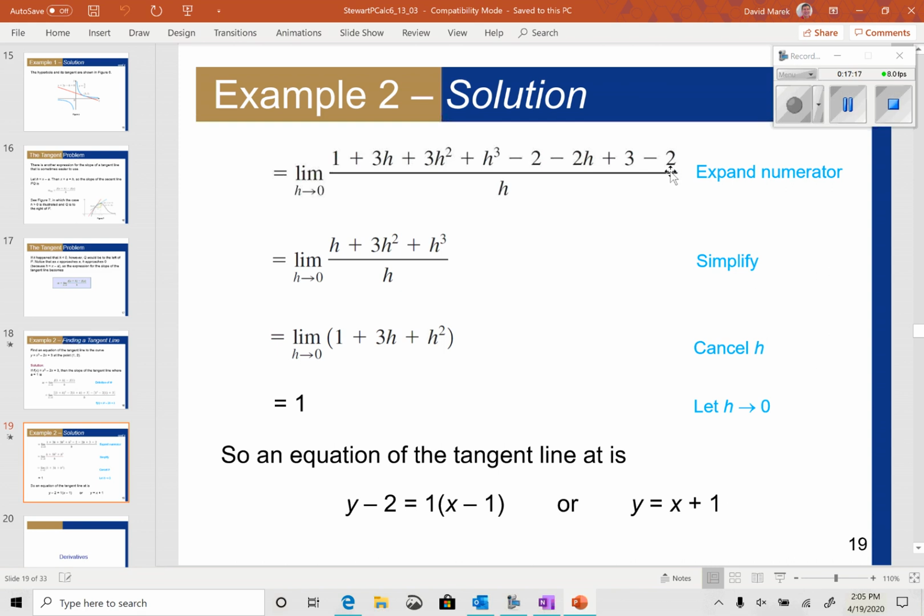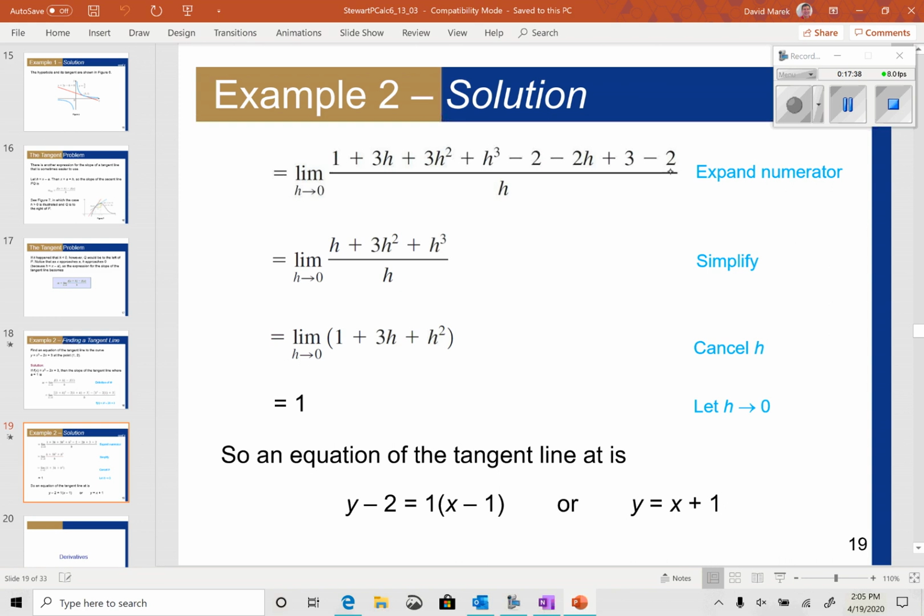All right, so now we take a look at the constant terms. We have positive 1, minus 2, plus 3, minus 2. Hey, what do you know? That gives us a sum of 0. Isn't that convenient? And then again, like terms, 3h minus 2h will leave us with positive 1h.